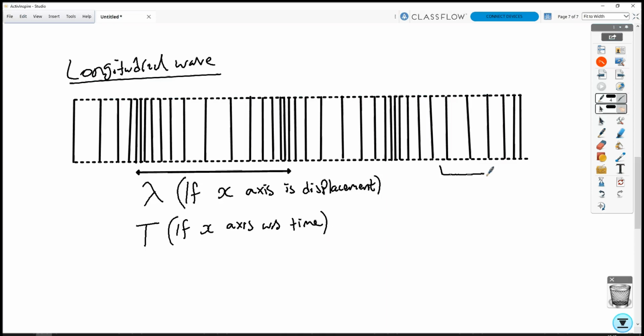So here, I'll just label this section as a rarefaction. And up here, we'll label that as a compression.